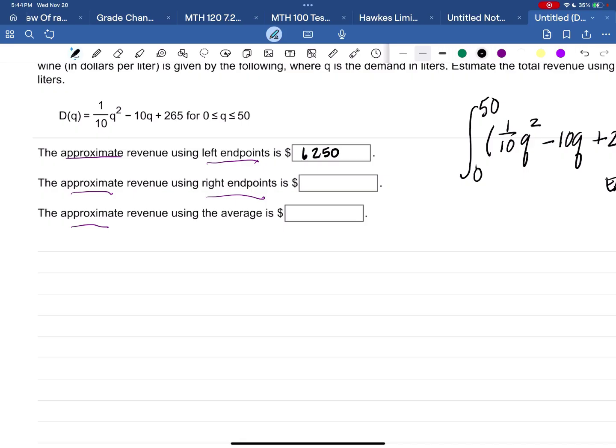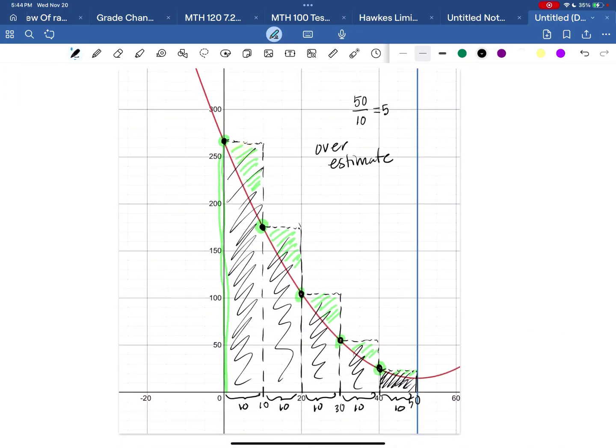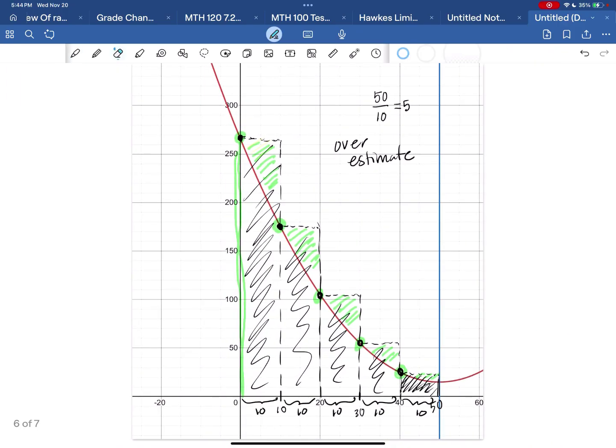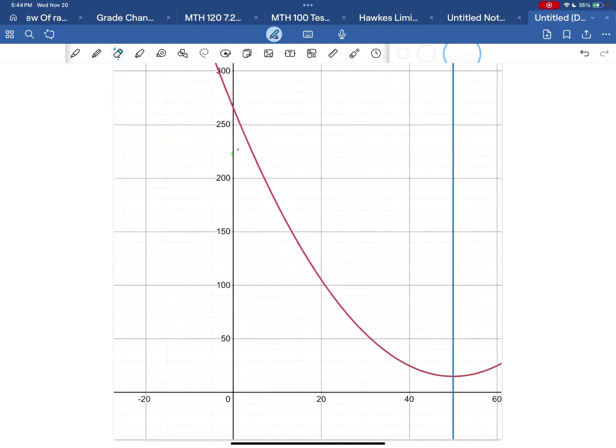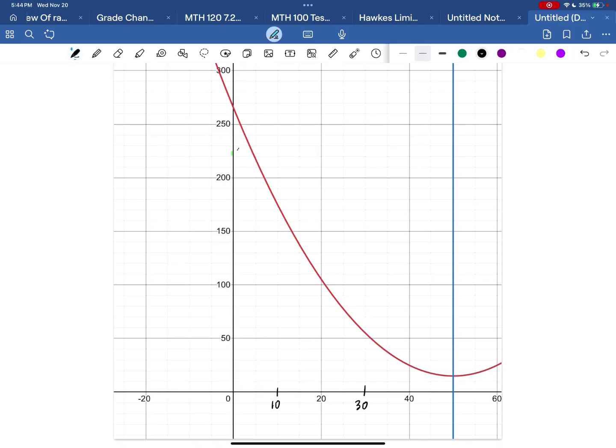Now I have to go back and use the right edges. Okay, so let me erase this. And we're still doing widths of 10. So 10, 20, 30, 40, 50. But we're using the right endpoint.